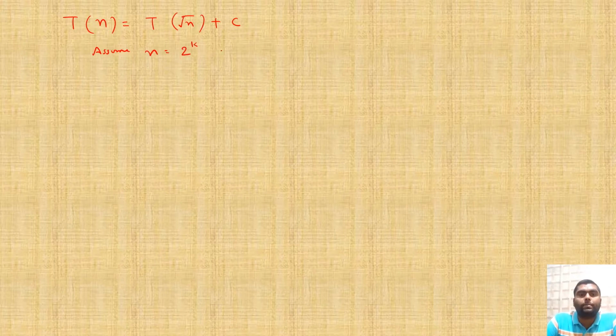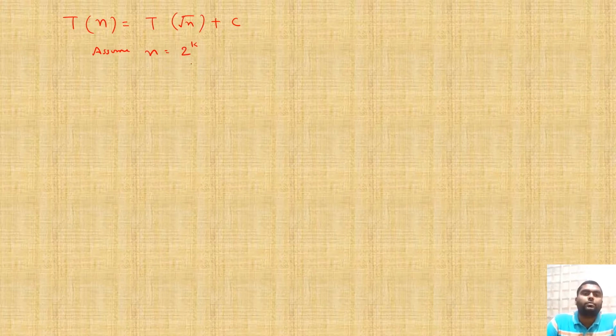Let us solve this recurrence relation and find the time complexity. The problem in hand is T of n equals T of under root n plus some constant C. Assume n equals 2 raised to the power k.